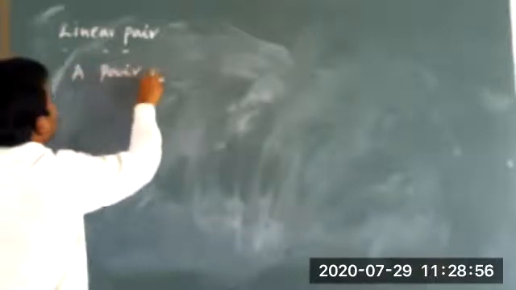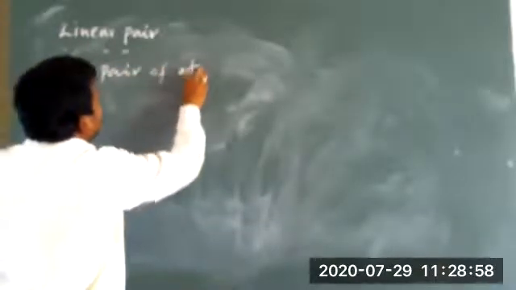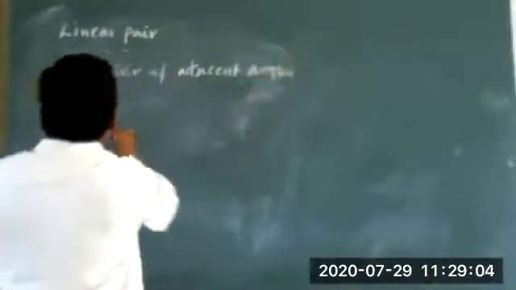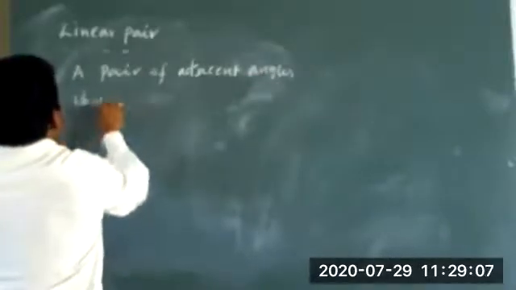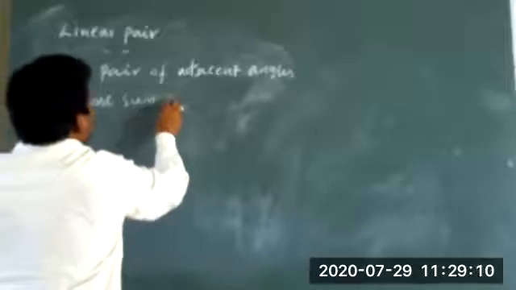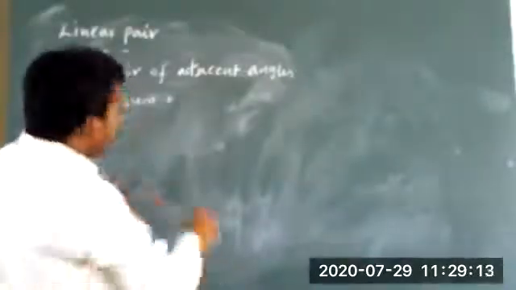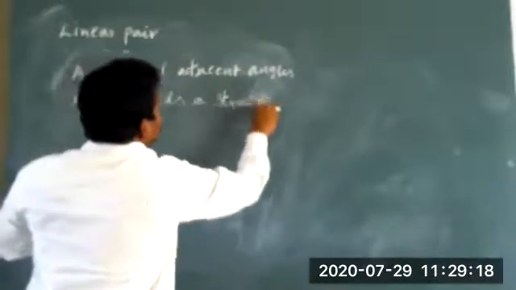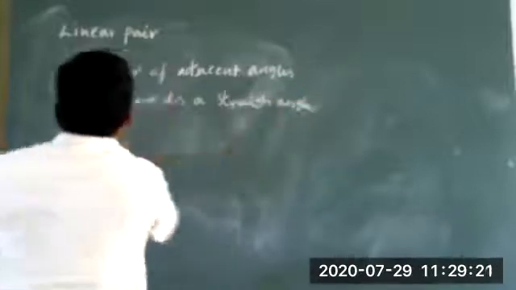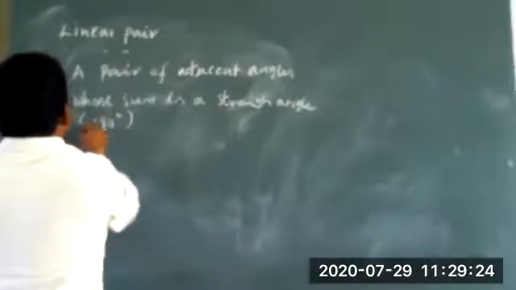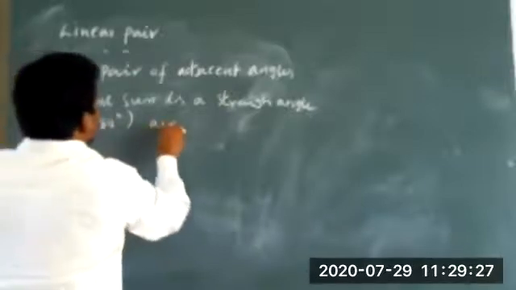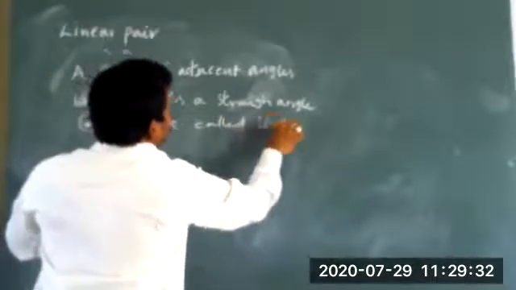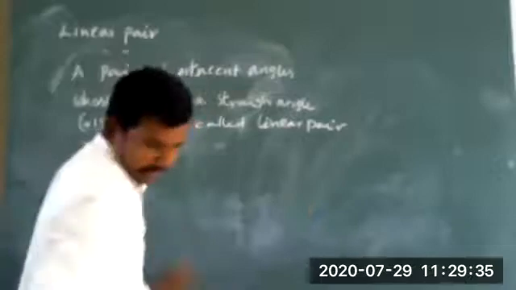A pair of adjacent angles whose sum is a straight angle, 180 degrees, are called a linear pair.